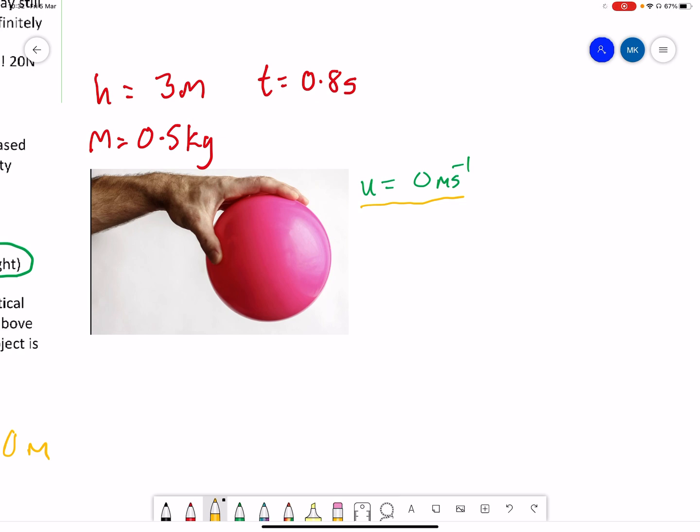There's 2 ways you can do this. I'm going to show you both ways. Right, as you're holding this ball, it has potential energy. And when you let it go, all that potential energy is going to change to kinetic energy. So the potential energy it has before you let it go, remember this equation, EP equals mgh, 0.5.